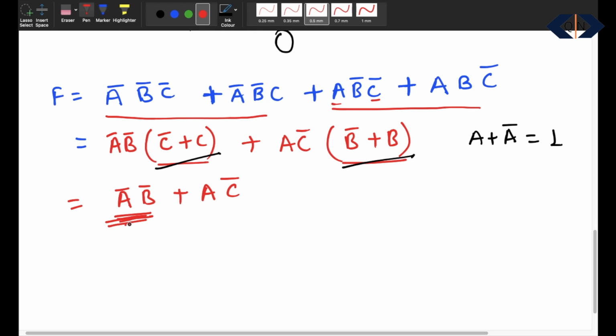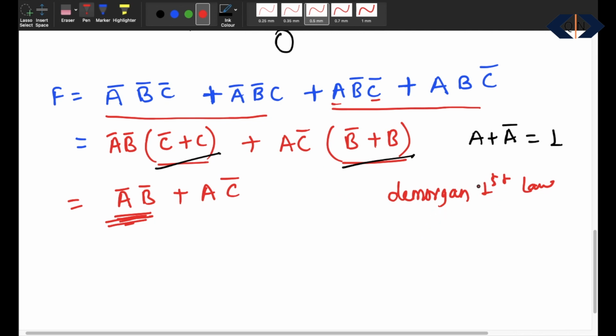Can we apply DeMorgan's first law here? DeMorgan's first law, which is A dot B, or to be precise, we can utilize DeMorgan's second law, not first law, because we will be moving backward.